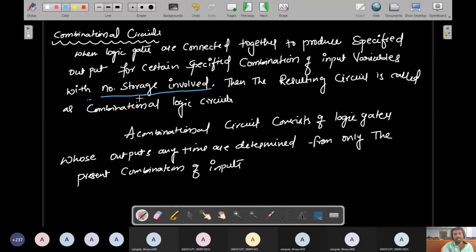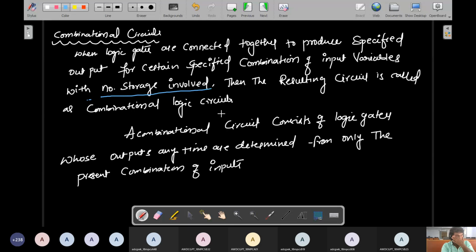Take the example of a calculator. A calculator is a combinational circuit. Some calculators don't have any storage elements. Whatever inputs you give, after performing the addition or subtraction, you get the final answer on the display, but it is not stored.